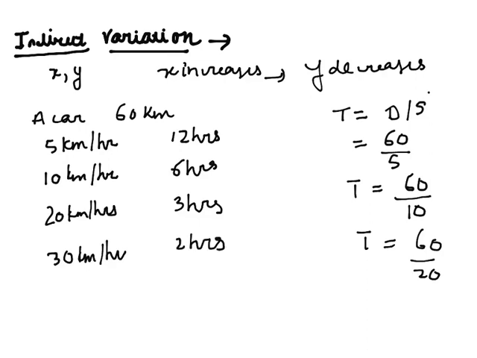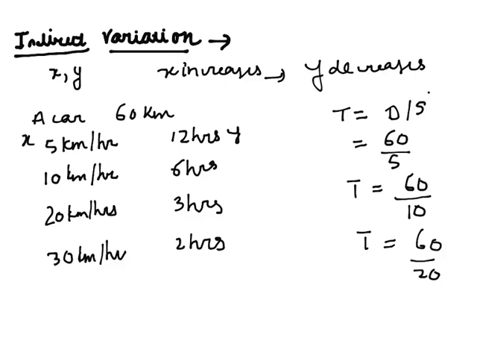So now here we can see, as the distance is constant, but depending upon the speed, the time taken by the car varies. And here we can see one more thing. Let it be x and let it be y: the product of x and y is always the same. Here 12 times 5 is 60, 10 times 6 is 60, 20 times 3 is 60, 30 times 2 is 60.